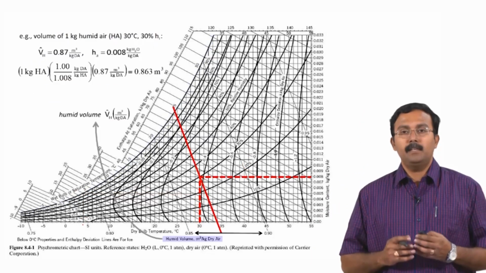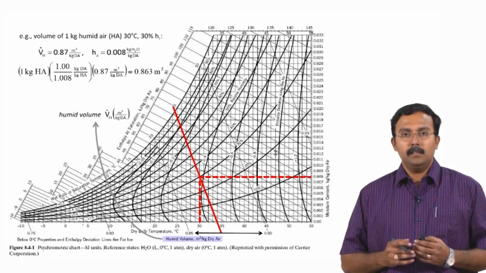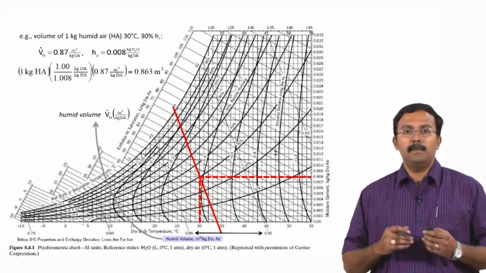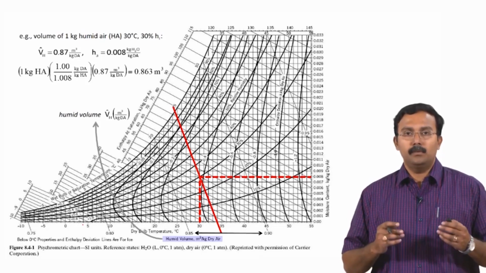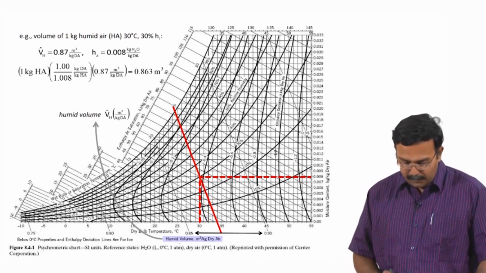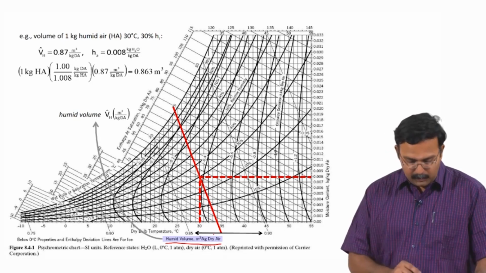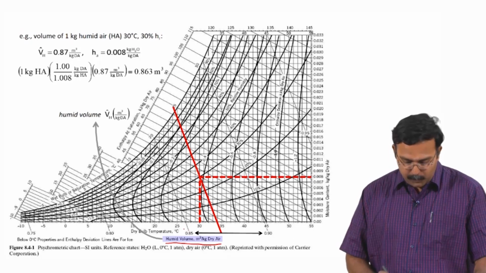The next information which you have here from this cross plotted chart is the humid volume. What is a humid volume? Humid volume is basically the volume occupied by humid air. So, how do we find humid volume from this curve? Along this particular x axis you have another line which you see here.